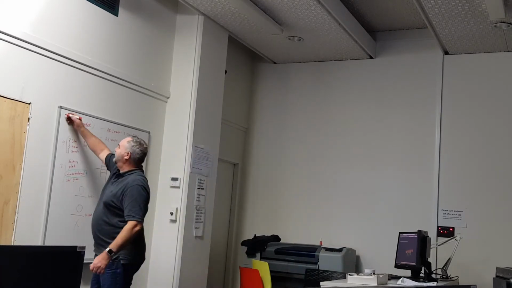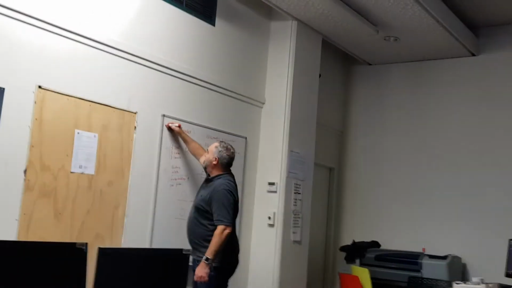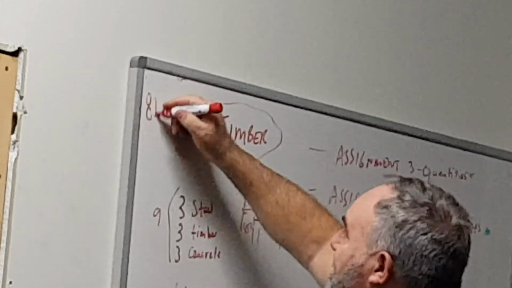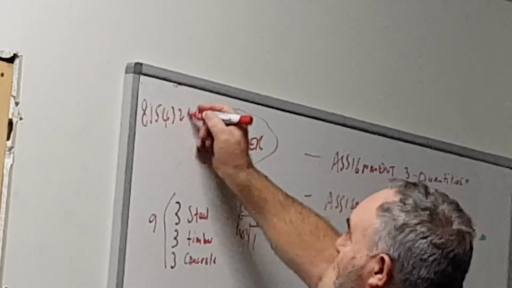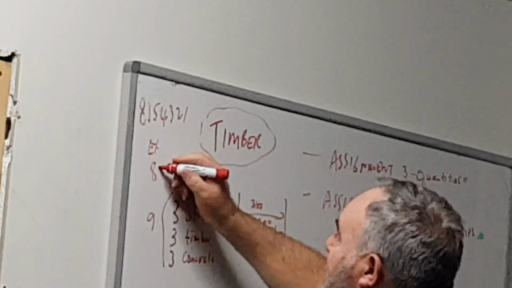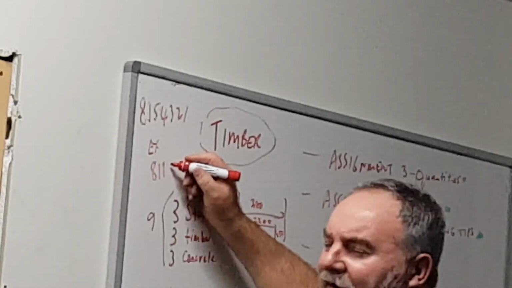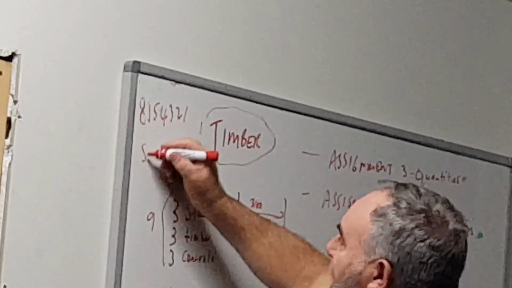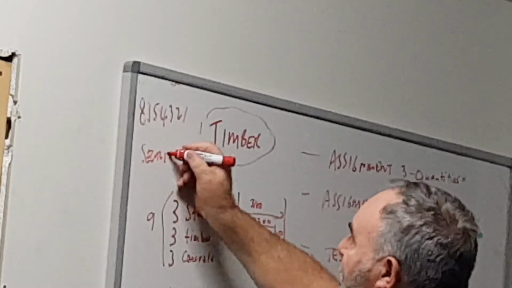If you haven't got it in your cell phone, if you ring 815-4321, extension 8116, is it? I think one of the options is security. There's an option there.